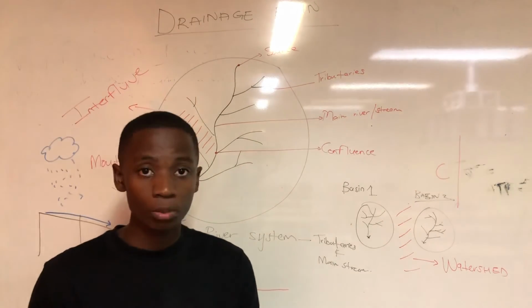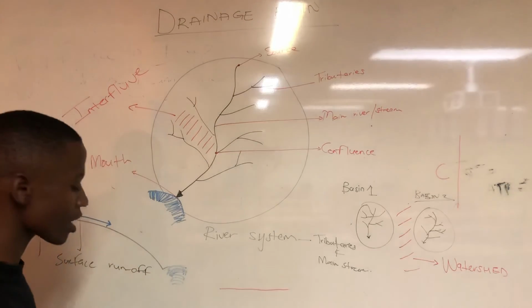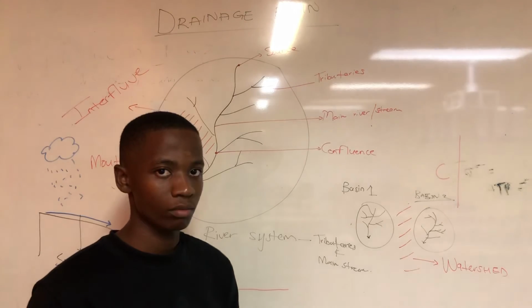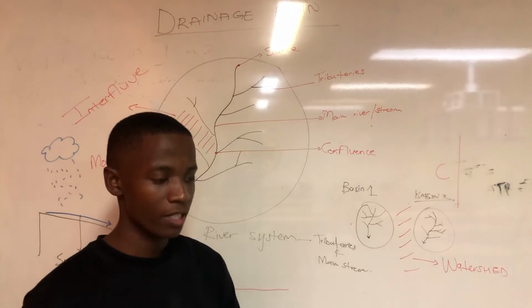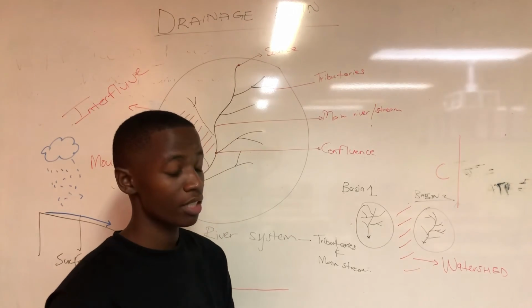Meaning that there will be infiltration that is going to take place. The infiltration takes place whereby there's more vegetation on the land, because there's much friction against the surface runoff.